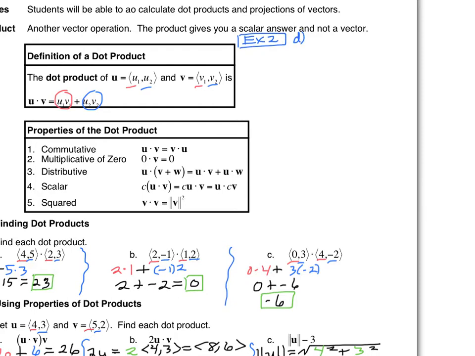So remember I told you that I wanted to prove this to you? Well, let's prove this one to you. Right here. So what if I asked you this? The magnitude of u squared is equal to u times u.